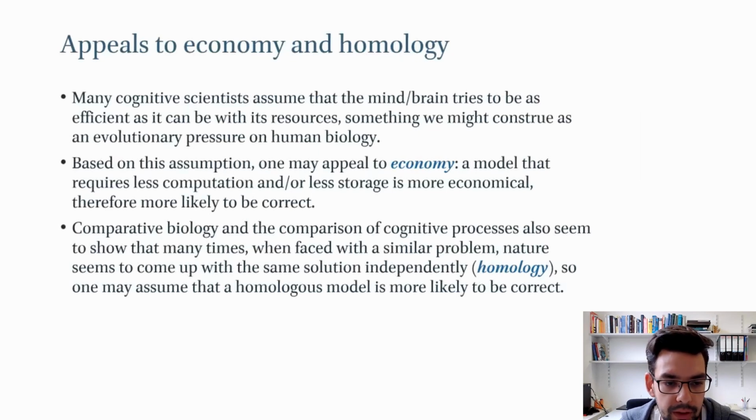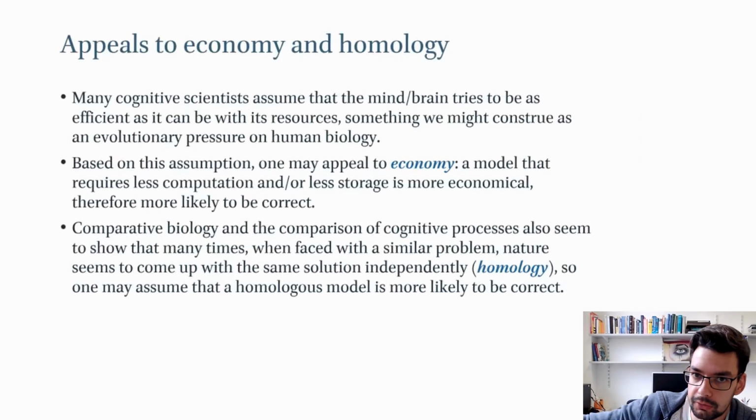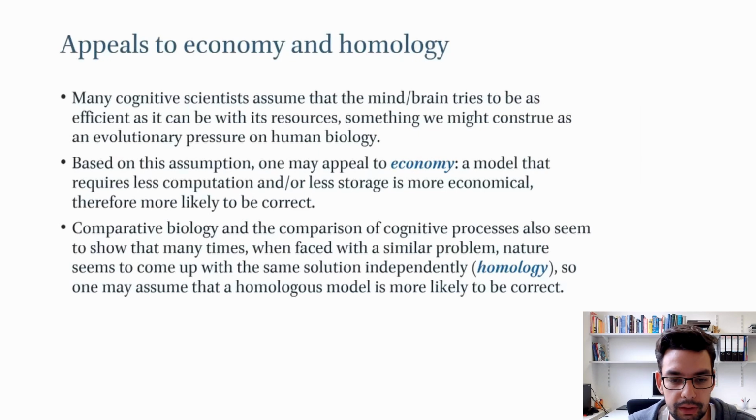So if you think of comparing different biological systems and comparing different cognitive processes, which are instantiations, of course, of biologically established systems, not just in humans, also in other animals, by the way, then that sort of comparative study seems to show that a lot of the time when nature is faced, let's say, with the same problem, it comes up with the same solution, even independently.